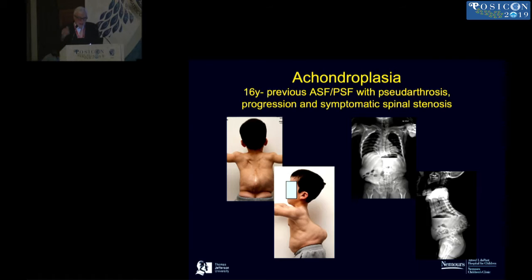And he had multiple procedures in the past, and they had included initially an attempt at a decompression, and they lost the signals and they couldn't put any instrumentation in.